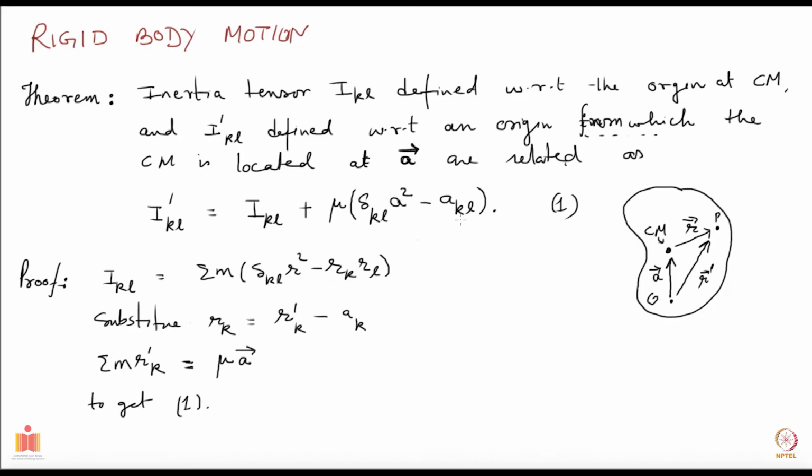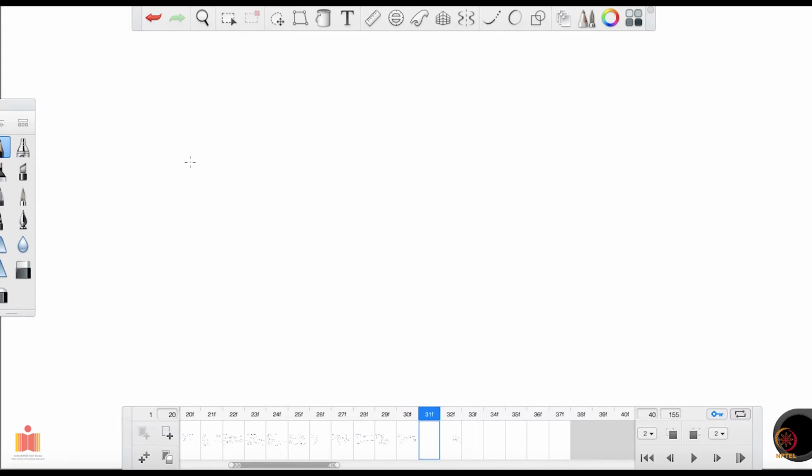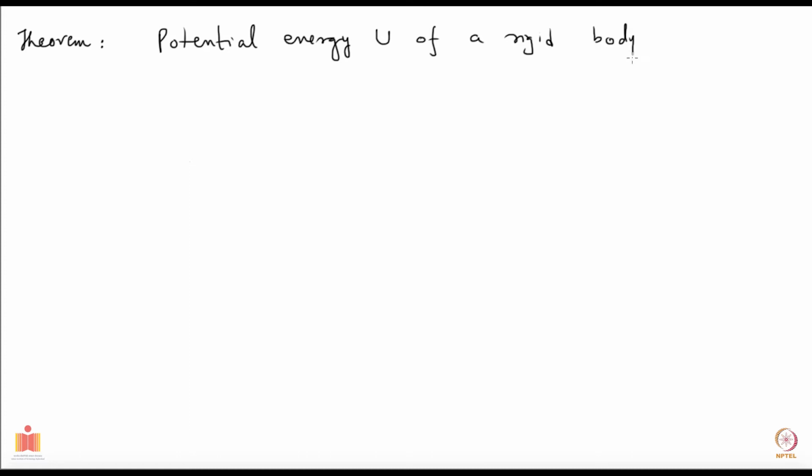Now let me add one more page. Now I want to prove another theorem, which is trivial. It says that the potential energy U of a rigid body in a constant gravitational field is the same as if it were located at its center of mass.